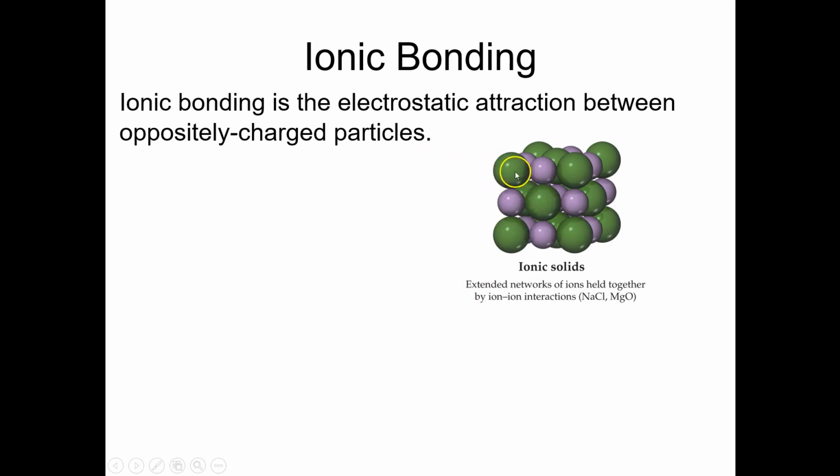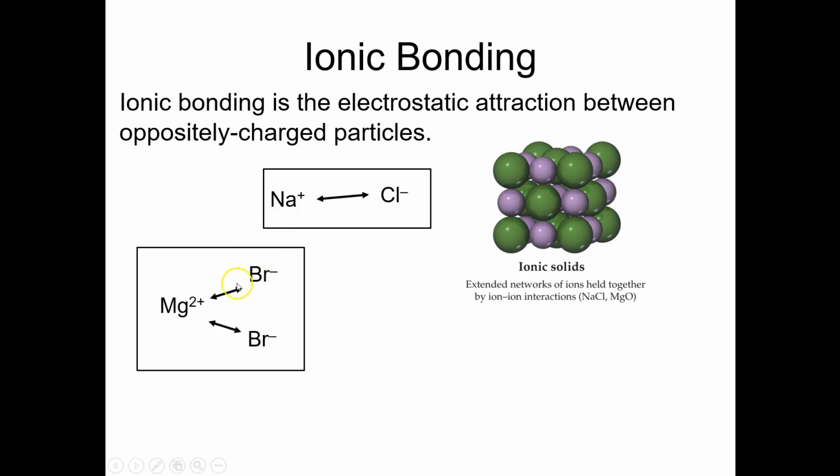Here's an image of a sodium chloride crystal, and these ions are crystallizing in this fashion because the cations, in this case sodium ions, are being electrostatically attracted to the anions, which in this case are chloride ions. An ionic bond is the electrostatic attraction between a positively charged sodium ion and a negatively charged chloride ion. They form a lattice structure, but it's based on this electrostatic attraction.